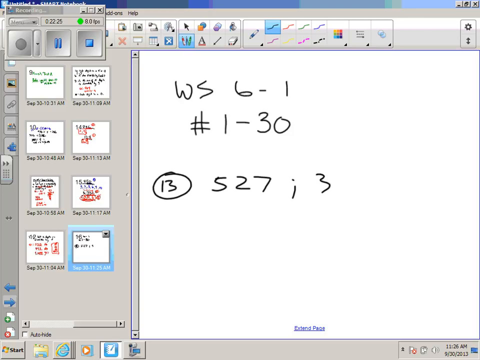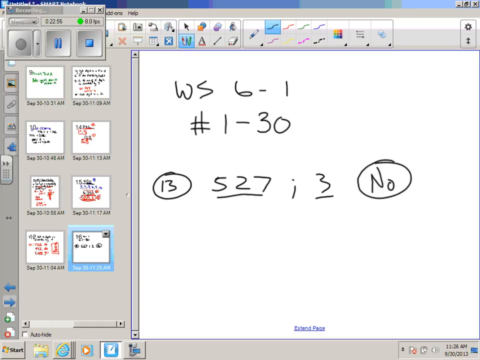And they say 3. So in other words, you need to test the number 527 to see if it's divisible by 3. Well, what's the rule for 3? Sum of the digits. So 5 plus 2, 7 plus 7 is 14. Is 14 divisible by 3? No. Therefore, number 13 is a no. 527 is not divisible by 3. So you just say no.